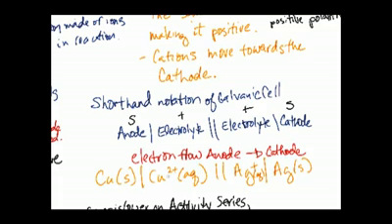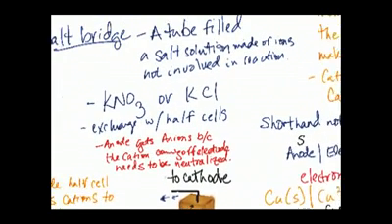Notice I'm only writing the cation here. The electrolytic solution actually is composed of, in this case, copper nitrate and silver nitrate. But we only care about the cations here. We're doing a single replacement reaction when we do these here. So basically, let's get detailed.